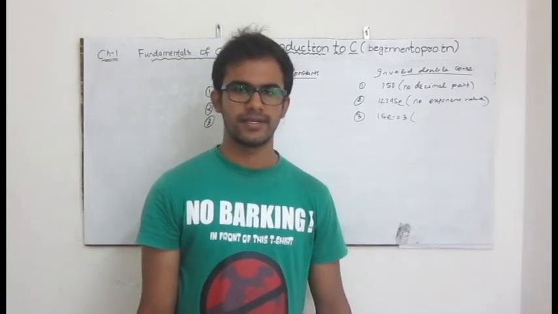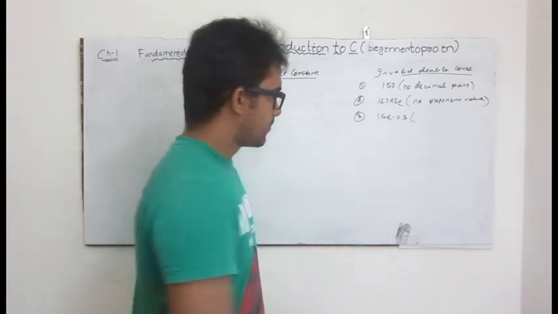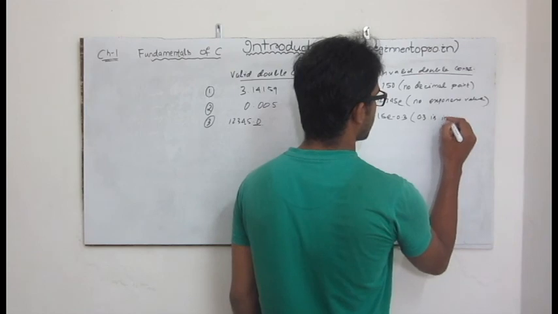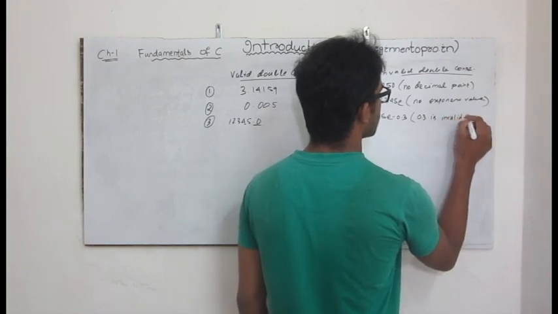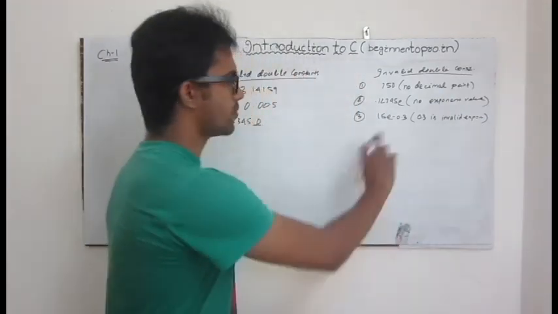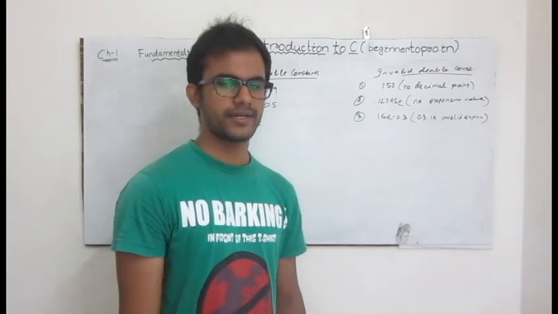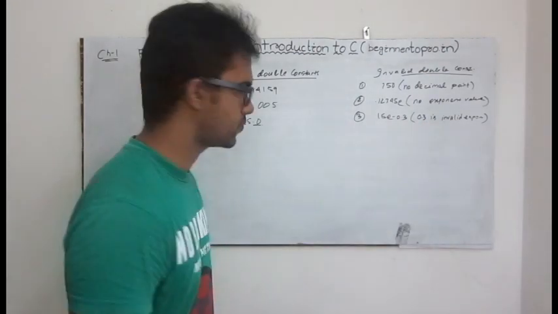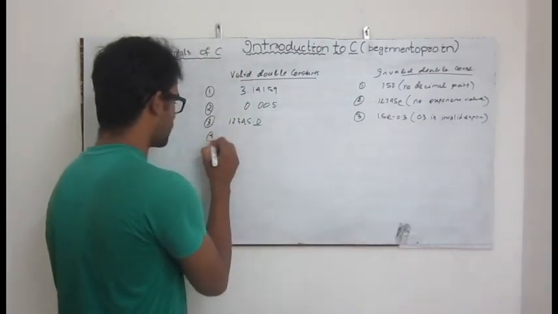Guess why? Because 0.3 is an invalid exponent. It must be a whole number like 3, 1, 2. We'll later on see that.